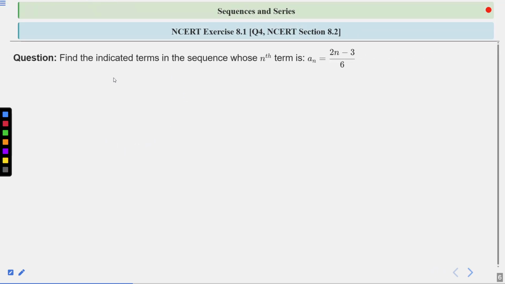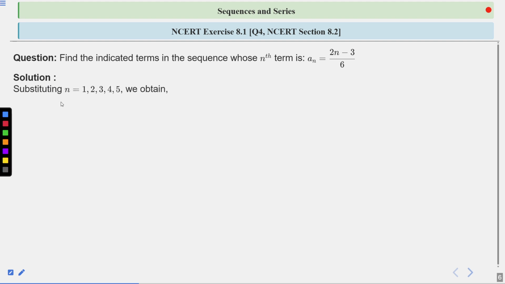This question. Here we have to find the indicated terms whose nth term is simply defined by this rule, (2n minus 3) by 6. What are our indicated terms? So, solution.